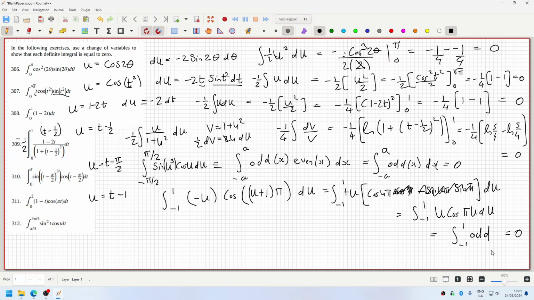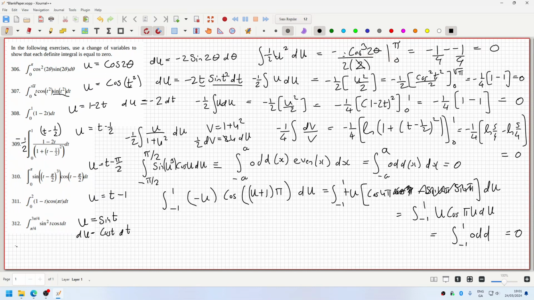Okay, doing okay with these. Hopefully I am. And then this last one here, u equals sine t. So that means du equals cos t dt.